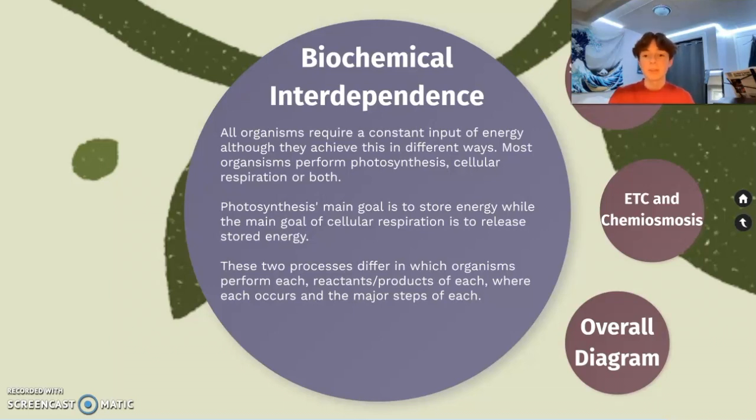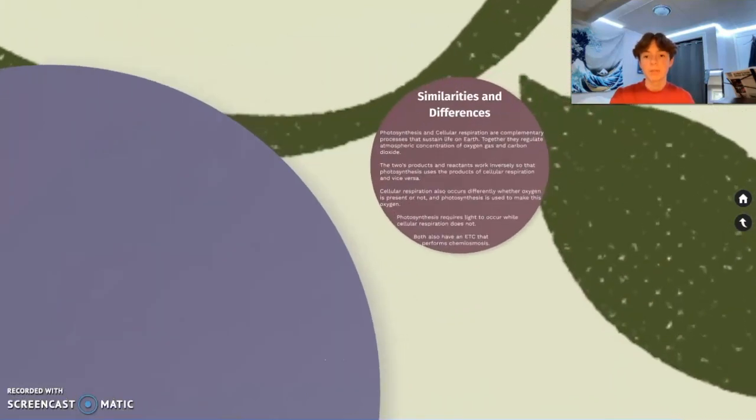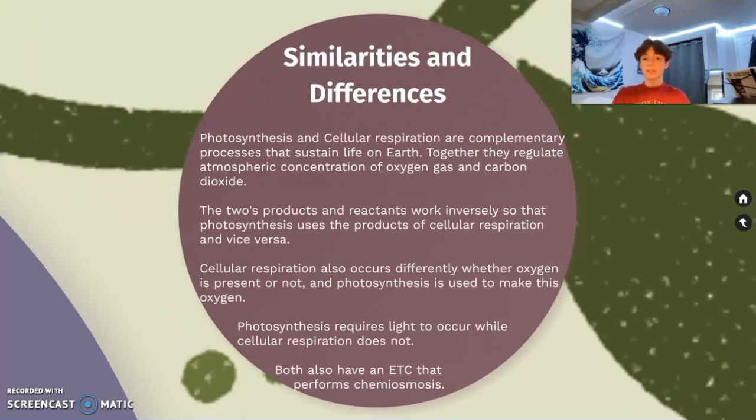Now we're going to move on to the similarities and differences of each. Photosynthesis and cellular respiration are complementary processes that sustain life on Earth. Together they regulate atmospheric concentrations of oxygen gas and carbon dioxide. Their products and reactants work inversely, so that photosynthesis uses the products of cellular respiration and vice versa.